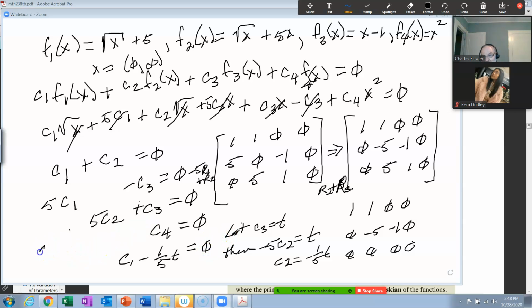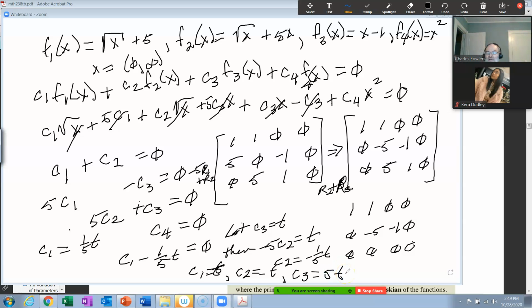And that makes C1 equal 1/5 t. Well, let's multiply each of those by 5, and you get C1 is equal to t, C2 is equal to minus t, and C3, multiply that by 5, and you get 5t.